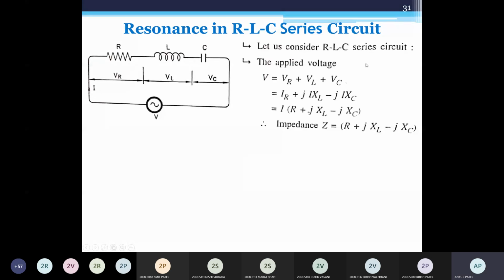So in resonance, I am not going into detail, just telling you briefly. An RLC series circuit is given. Here the supply voltage V is given. We have a variable frequency supply. So in a variable frequency supply, we will change the frequency value.